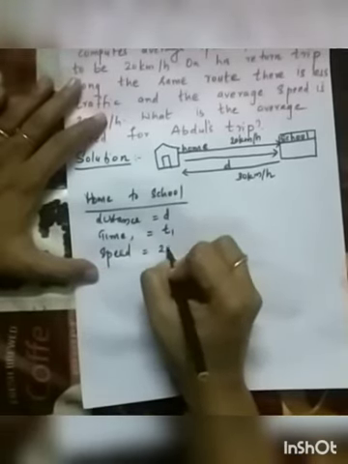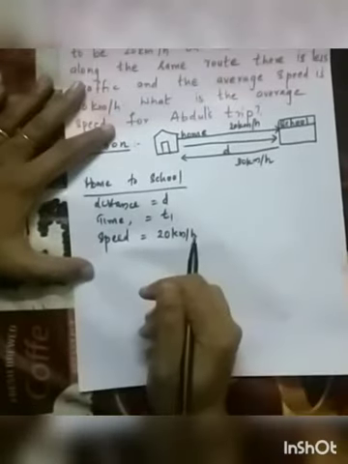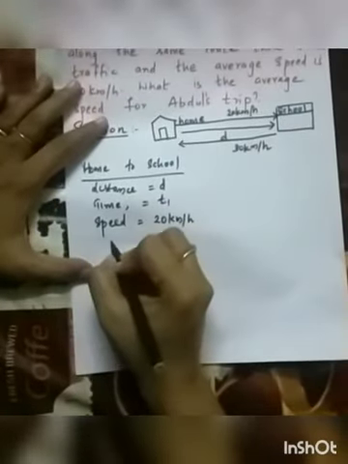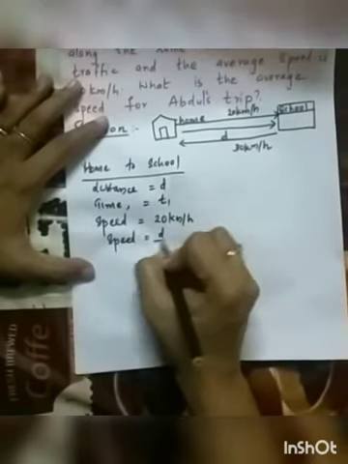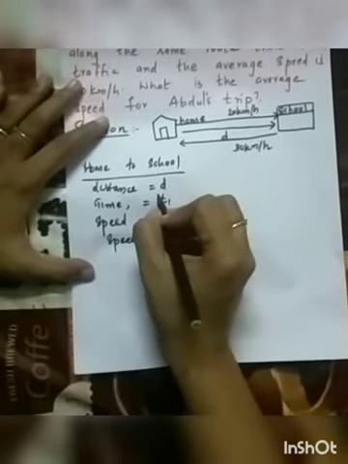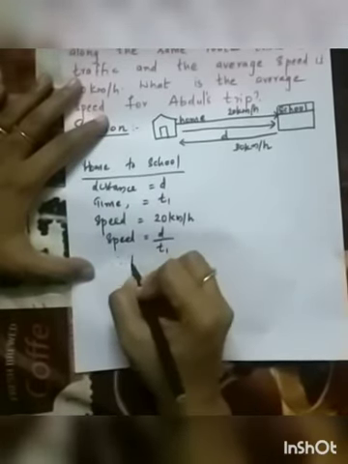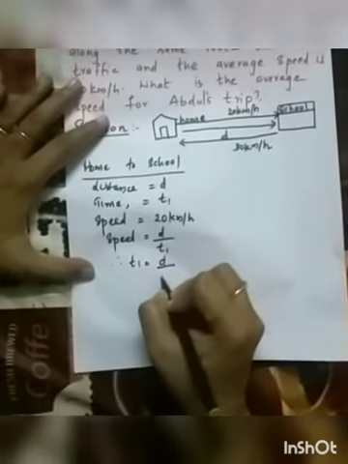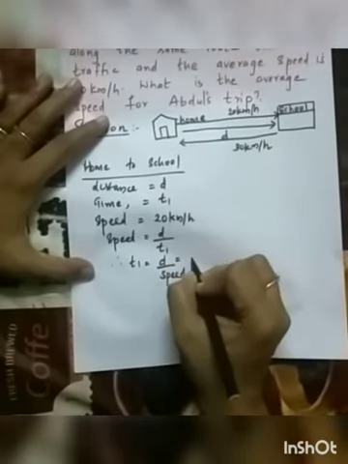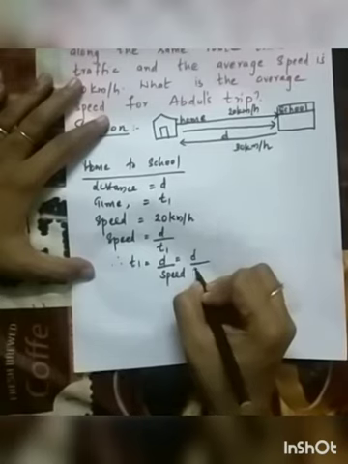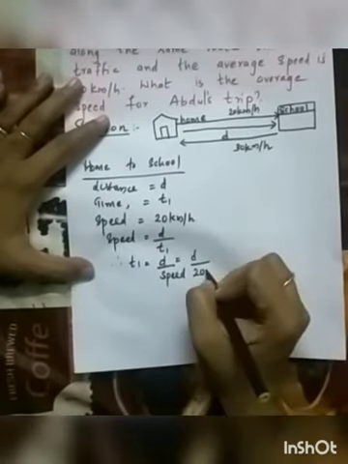Speed is 20 km per hour, it is given in the question. We know speed is distance by time, and here the time is t1. So t1 is equal to distance by speed. And what is the distance here? d. And what is the speed here? 20.